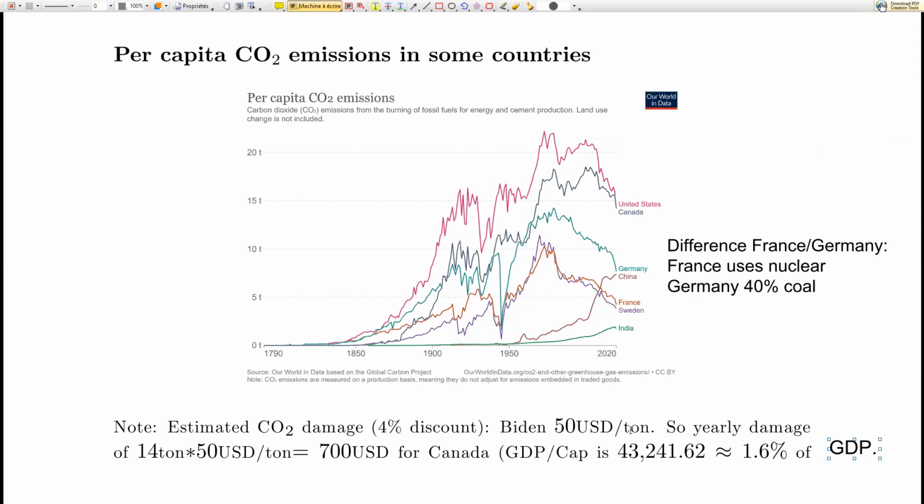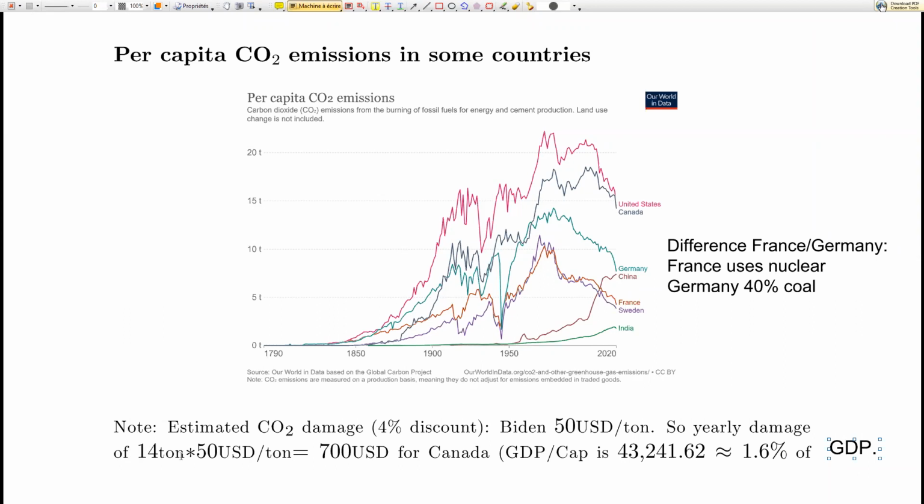So that means that the yearly damage, in Canada, we're here. That's the most recent, I think it's 2020 or something. It's about 14 tons.